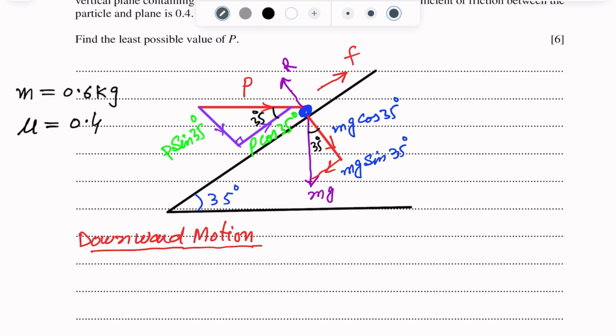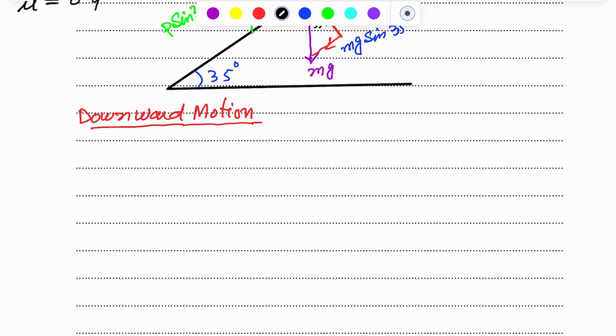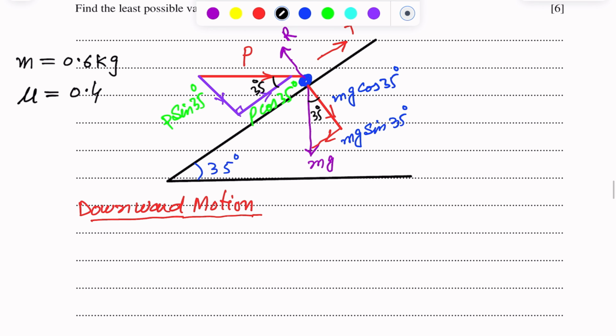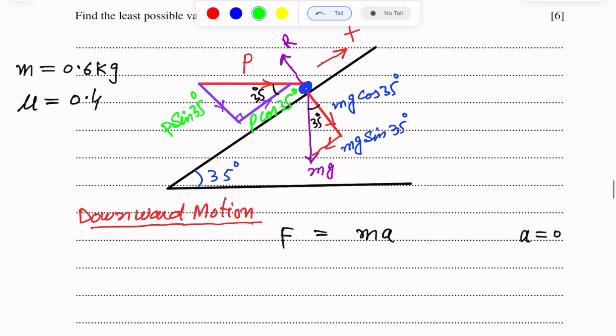Now we are using Newton's second law of motion. Since the system is in equilibrium, acceleration is zero. Newton's second law is F is equal to ma, but in this question F is the net force.